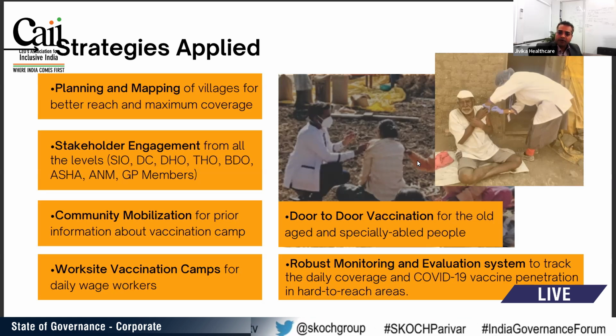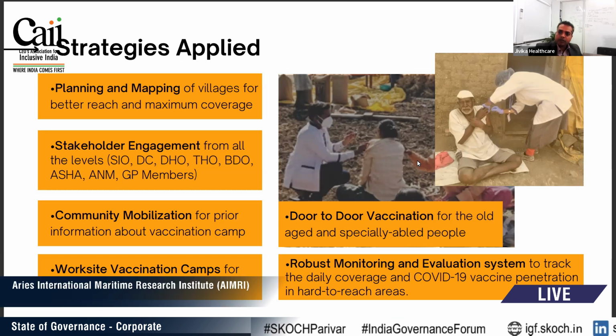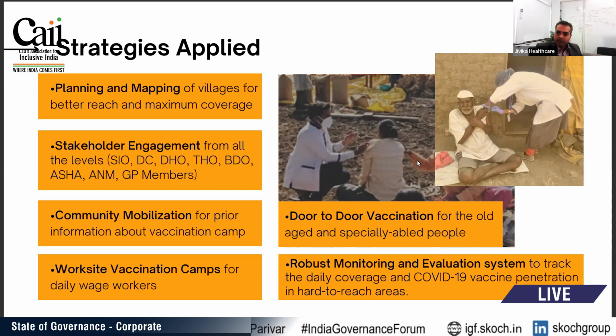Apart from that, if we talk about the elderly population, within that village we also used to have the list of people who need vaccination at their doorstep. Every mobile vaccination unit had 2 nurses. One nurse will take care of the vaccination site where we have conducted the vaccination camp, so that a large population can take vaccination, in the number of 100 to 200 per day.